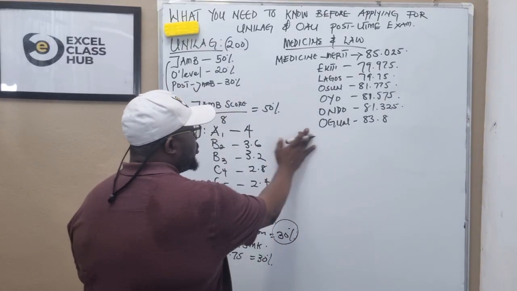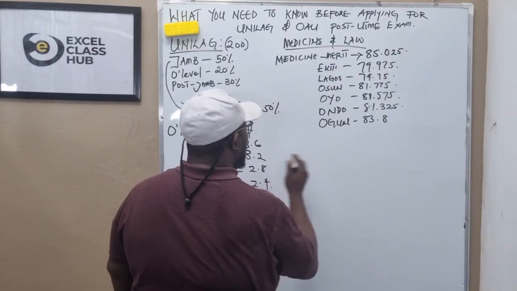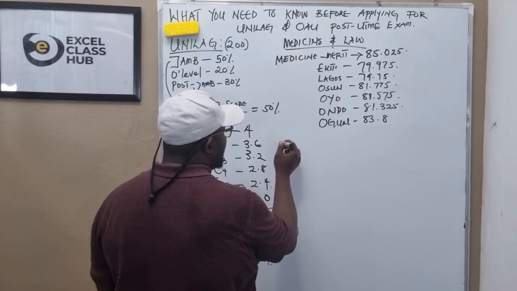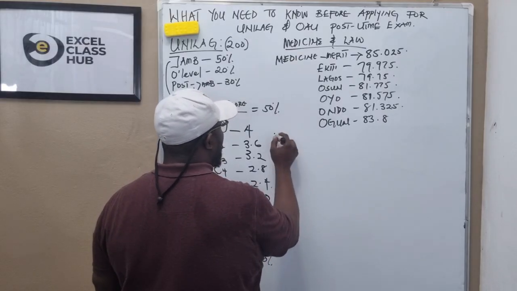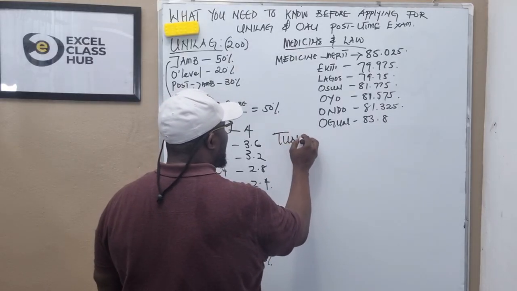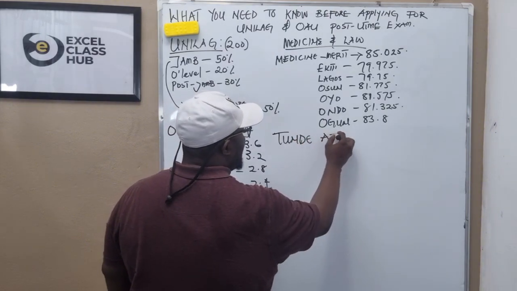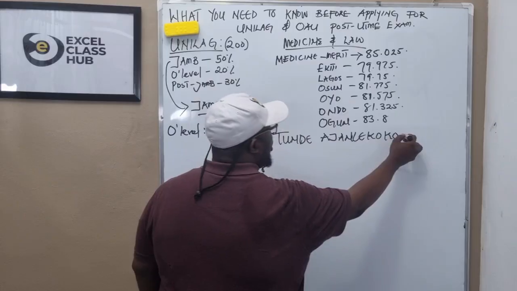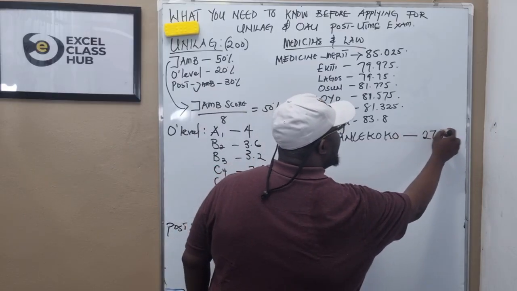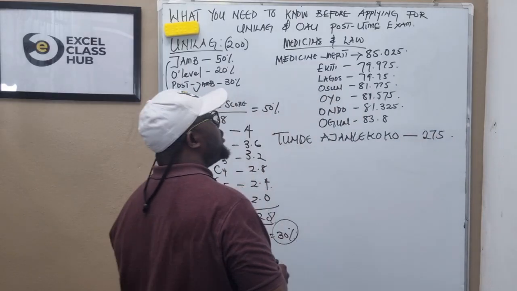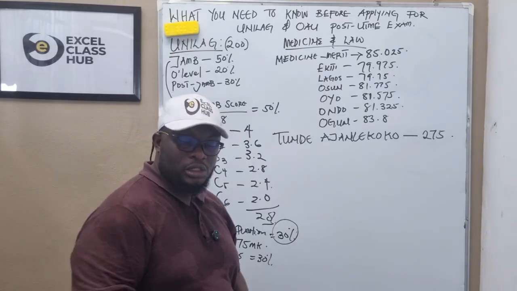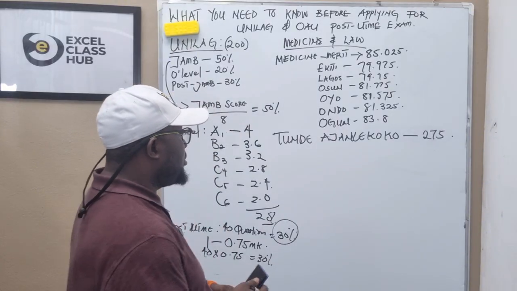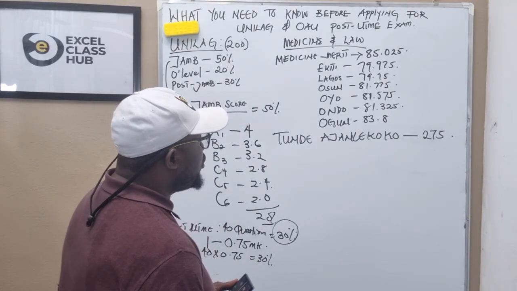Now let's make use of somebody. For example, let's say Master Tunde Ajanle Koko scored 275 in JAMB and wants to study medicine. He chose Unilag as his first choice.